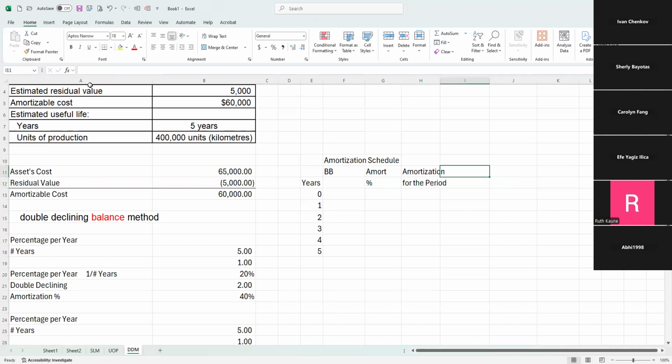Then we're going to have total amortization. And then we're going to have ending balance, or that will be our carrying amount, or carrying cost. And let's start.